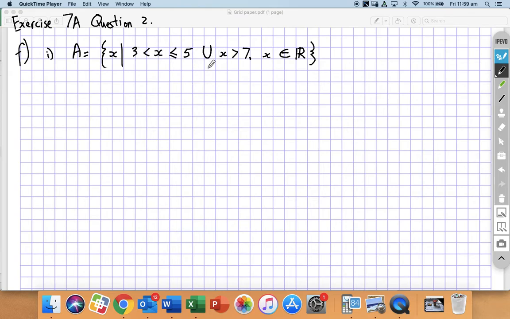And this symbol here is union, right? It means we can combine this with x values greater than 7. Now this union symbol, I find it easiest to picture on a Venn diagram actually.